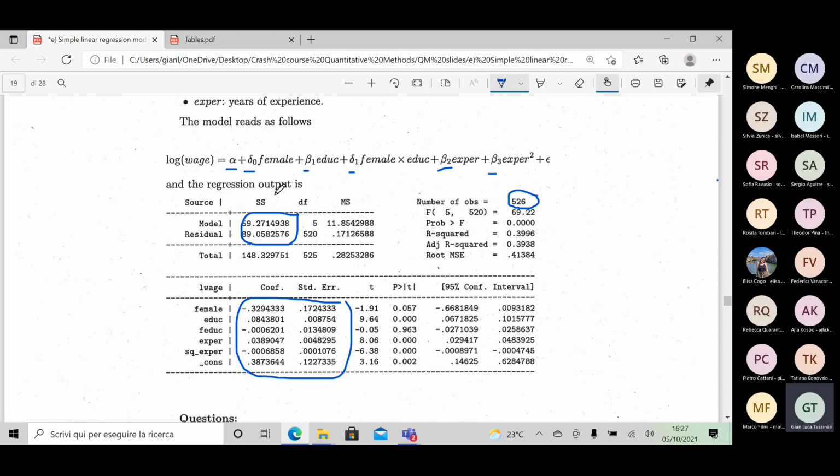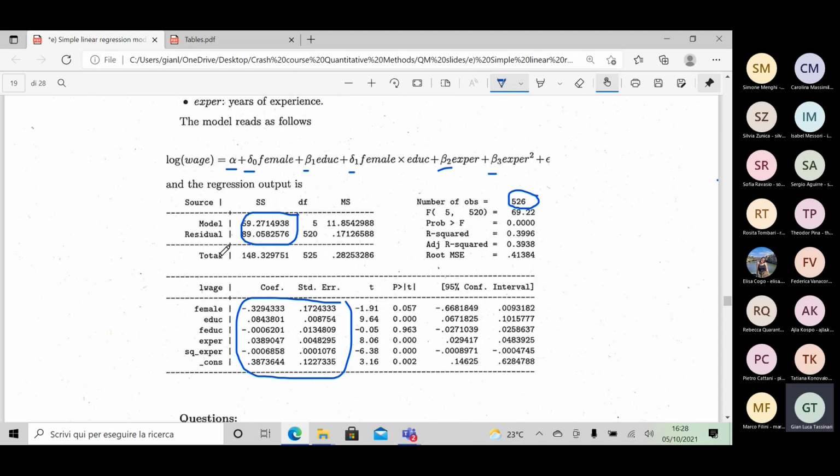Look, here you have the residual SS. These 89 point something are the residual sum of squares, or what we call the deviance of the residuals. The one above, I repeat, is the deviance of regression, or explained sum of squares, or the deviance of y hat, the hat of the logarithm of the wage.